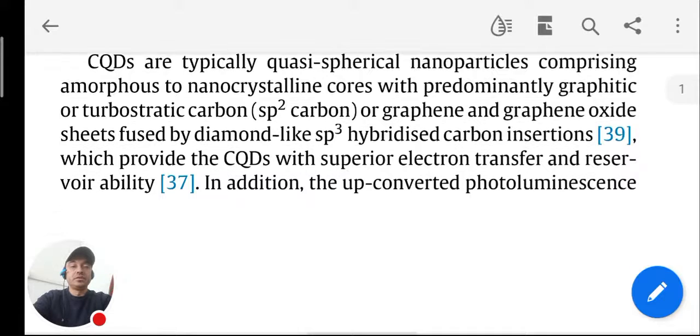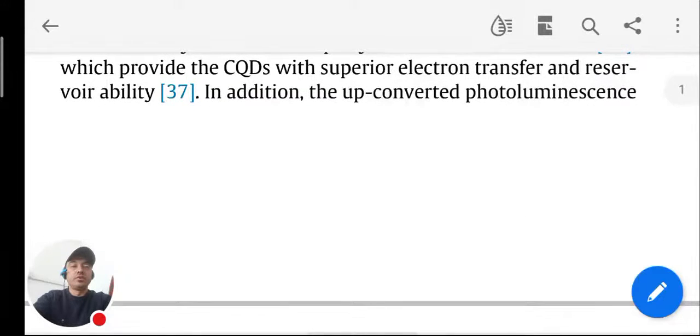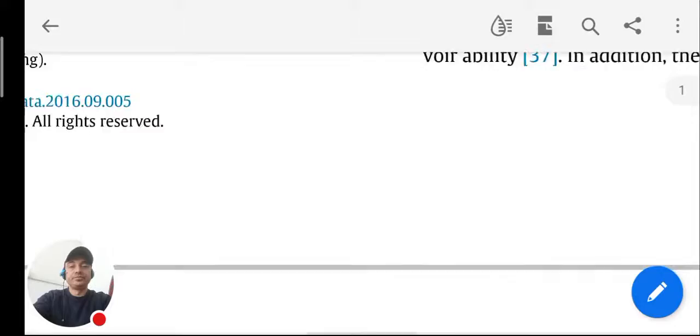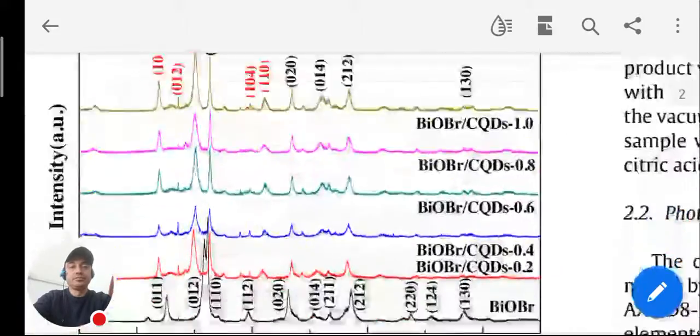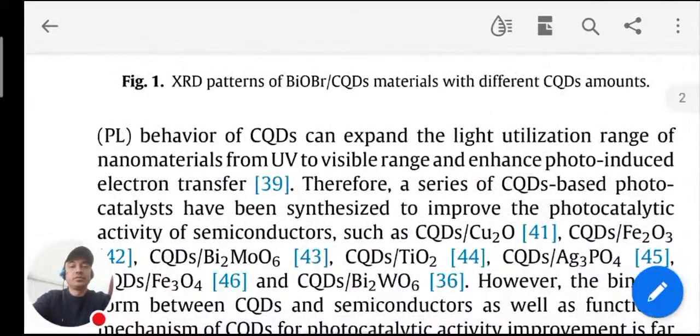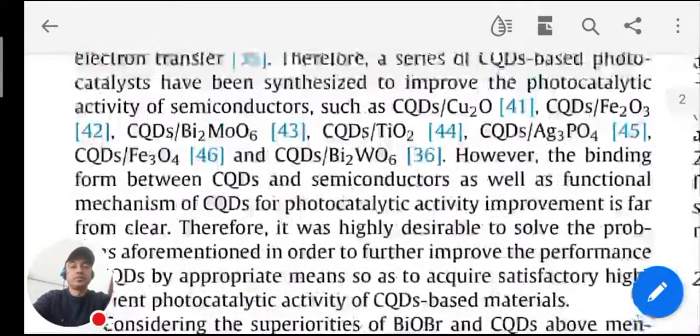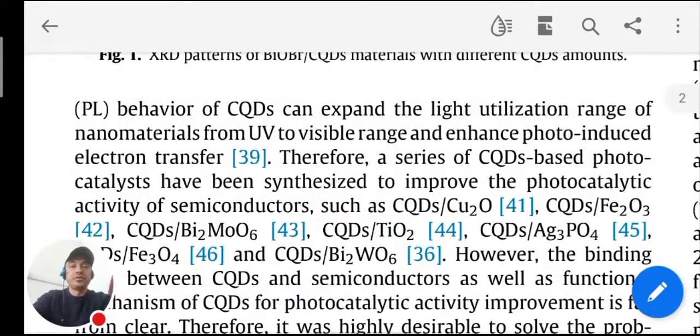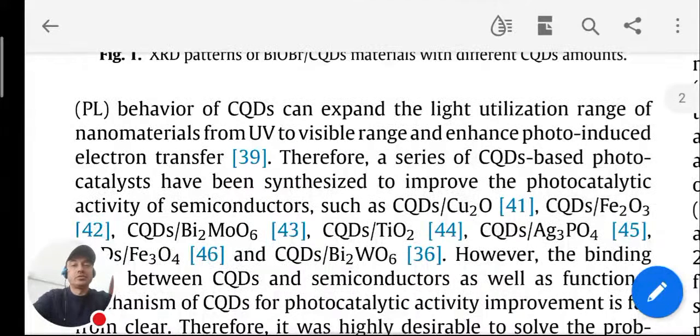In addition, owing to their photoluminescence (PL) behavior, carbon dots can expand the light utilization range of the nanomaterial from UV to the visible range and enhance photoinduced electron transfer.